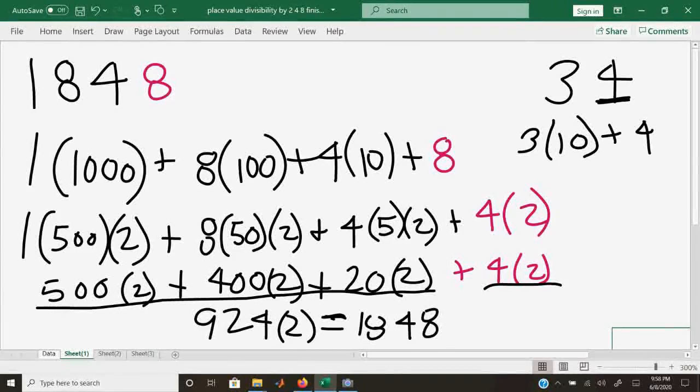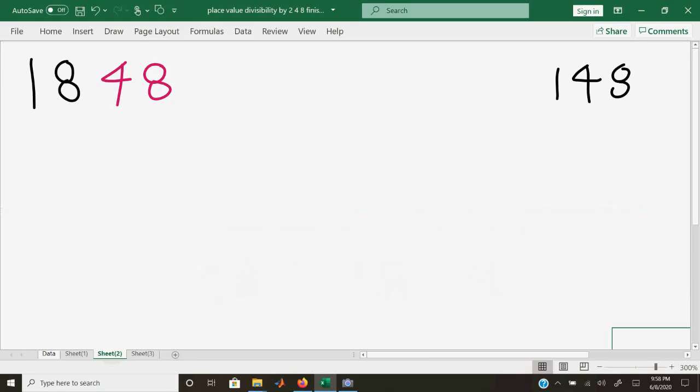So if I try to do 3 times 2.5 times 4 plus 4, I have a decimal, so it's not divisible by 4. And I cannot do that with the 4 because 10 is not divisible by 4.